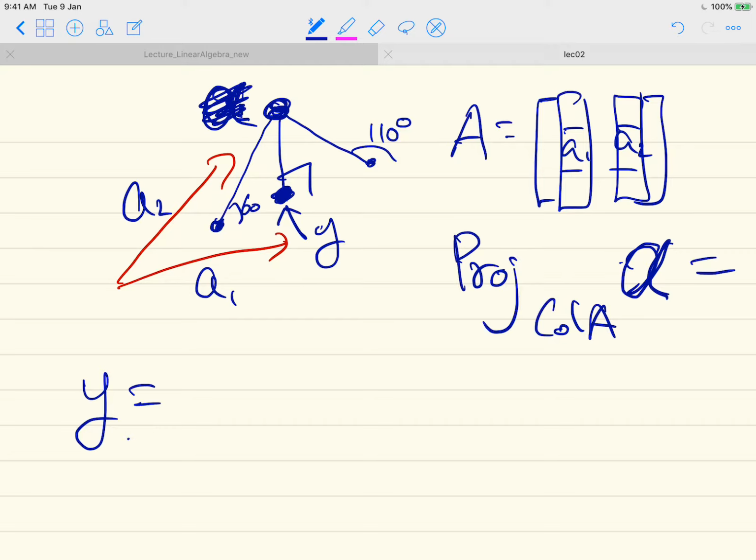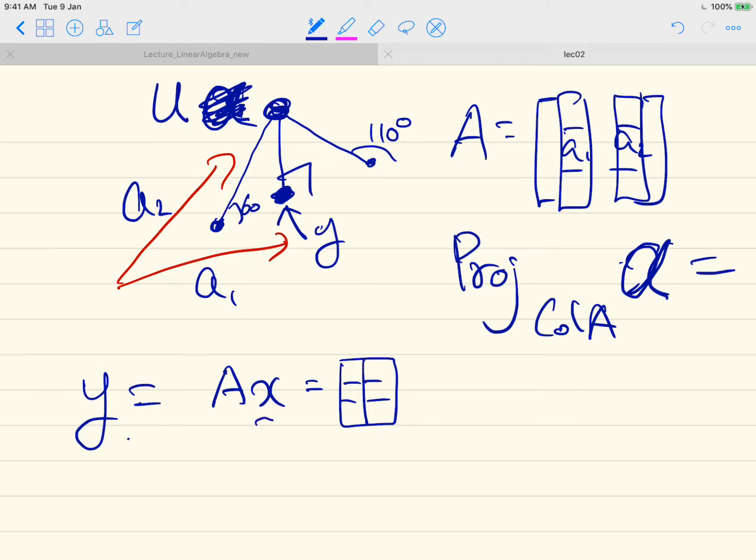So let's call it u. Sorry for the confusion, but I want to represent it as A times x, which is an arbitrary linear combination of A1 and A2, because our matrix A has 2 columns, right?